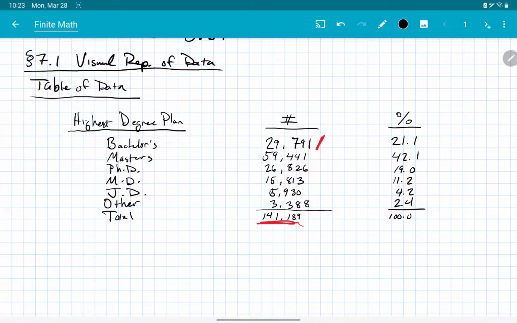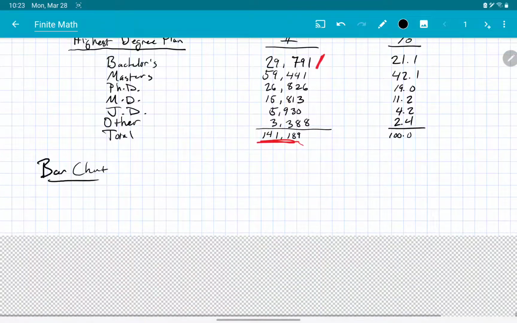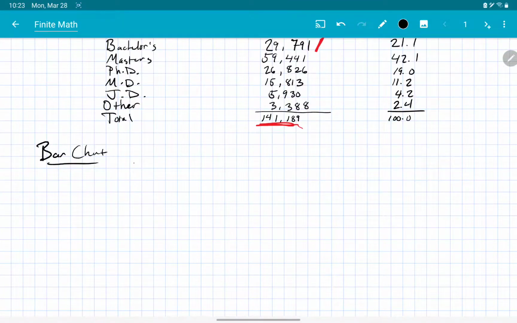All right, so if we wanted to make a bar chart with this data, we are ready to go. On the bar chart, we would have something like this. We have frequency on the y-axis and the choice on the x-axis.